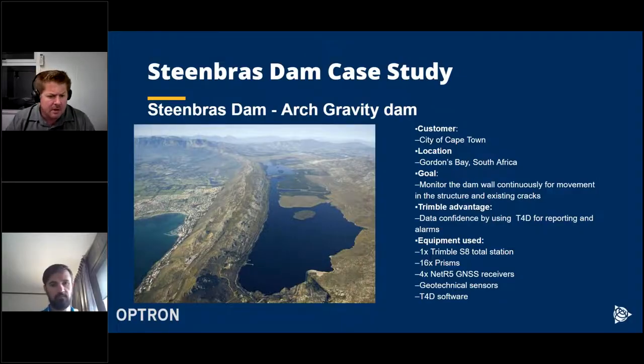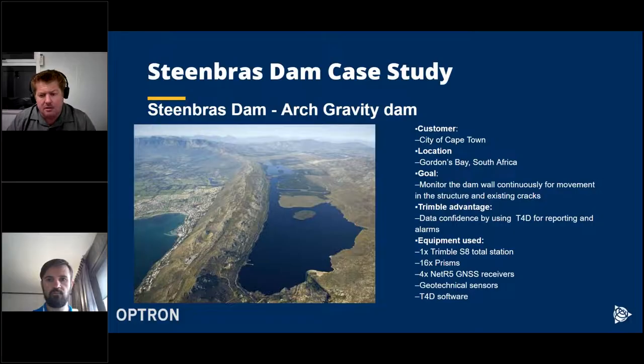Location is Gordons Bay in South Africa. It actually sits on top of the mountain. The goal for this monitoring system is to monitor the dam wall continuously for movement, and there are also some existing cracks that we want to monitor as well. The Trimble advantage in this is that we get the data confidence by using T4D for reporting and alarming.